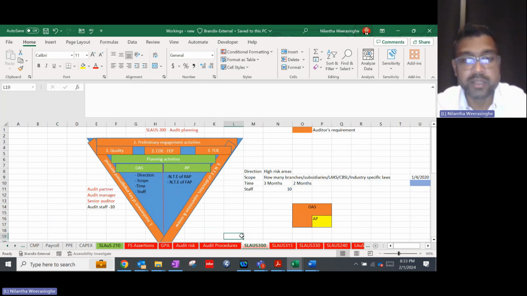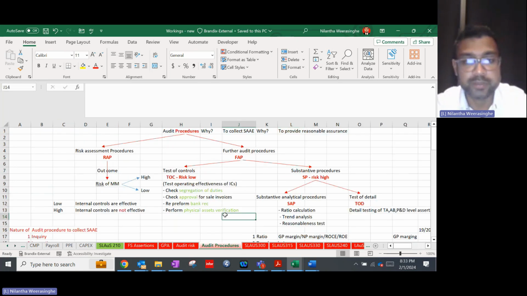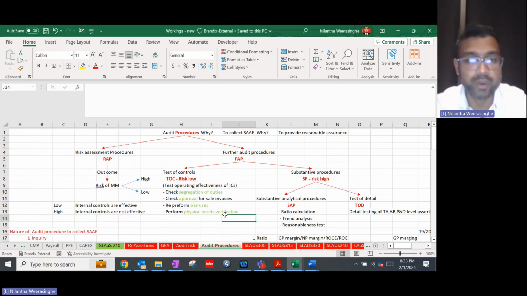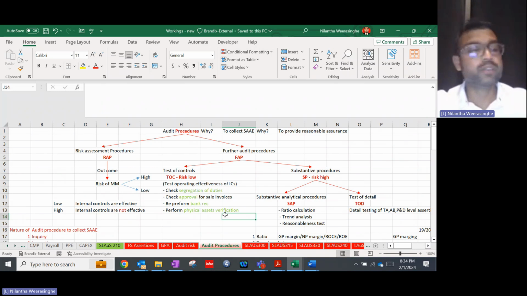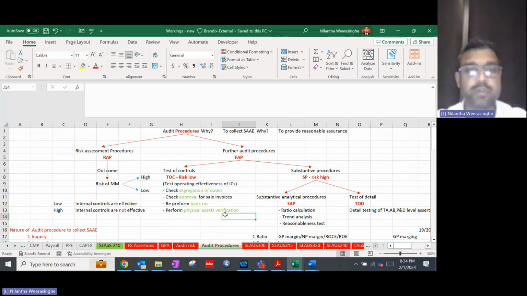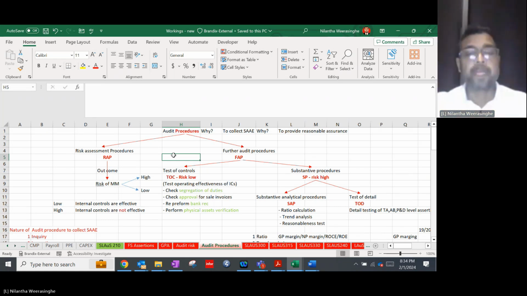Fine. Now I'll take another simple area, audit procedure. This is really important, right? In your paper, a maximum of 10 to 15 marks can be tested from this area. Therefore, it requires your focused attention as well, right? Fine. Now, how can I start this session?